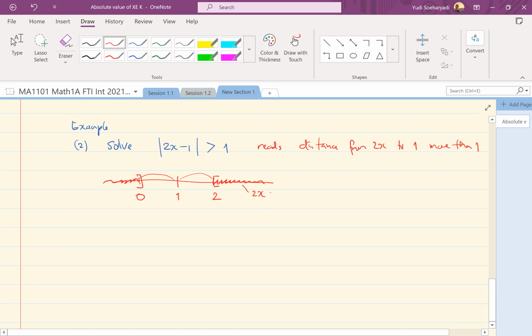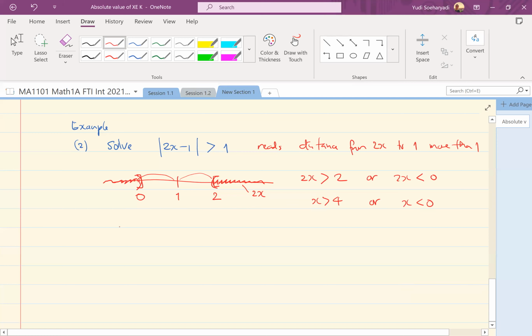Okay, so that means 2x is bigger than 2, or 2x is less than 0. Okay, so that means x bigger than 1, or x less than 0.